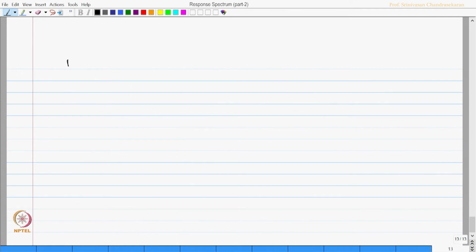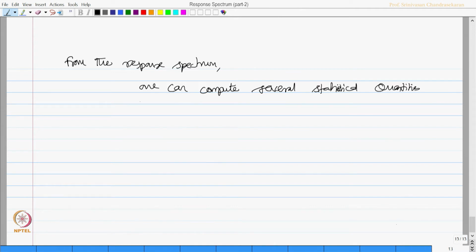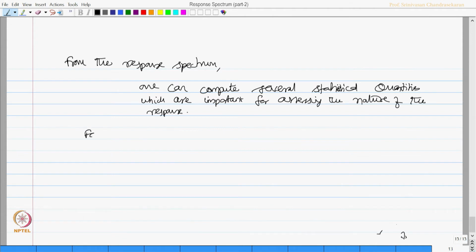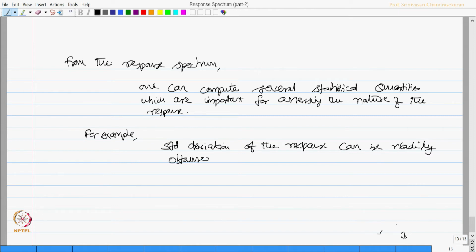Therefore, from the response spectrum, one can compute several statistical quantities which are important for assessing the response. For example, standard deviation of the response can be readily obtained from the variance, that is from equation 20.